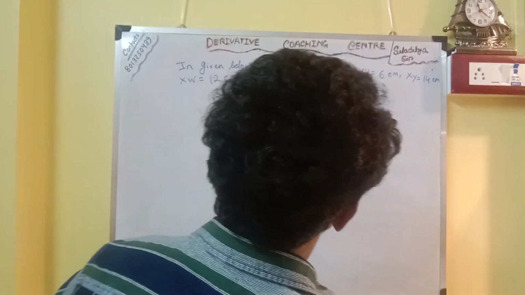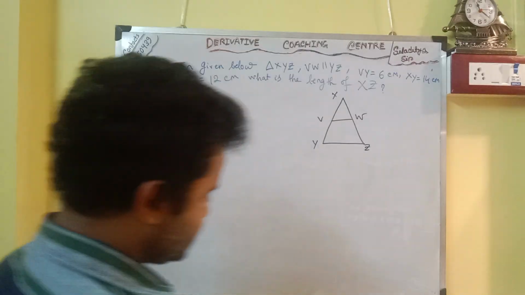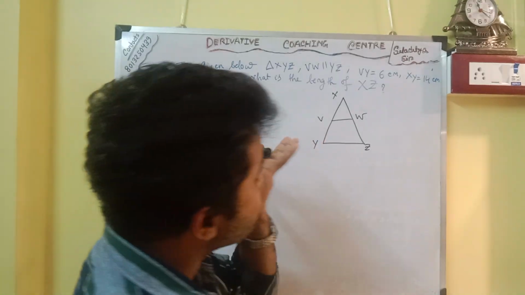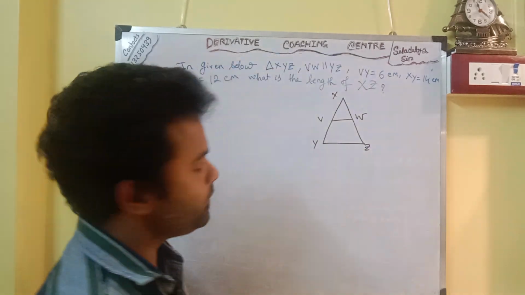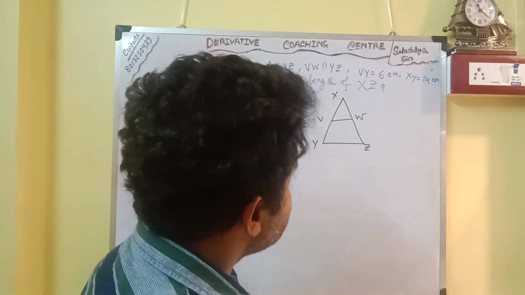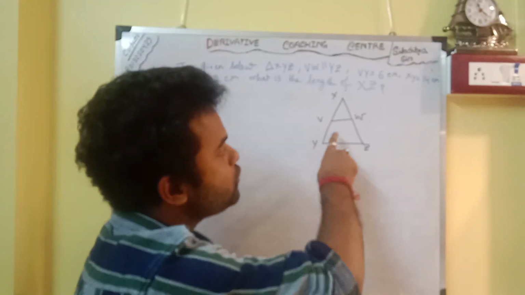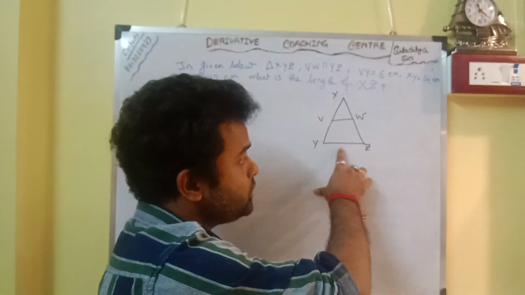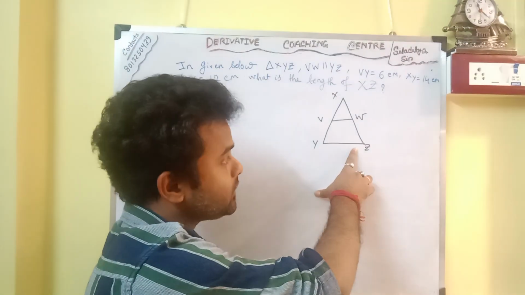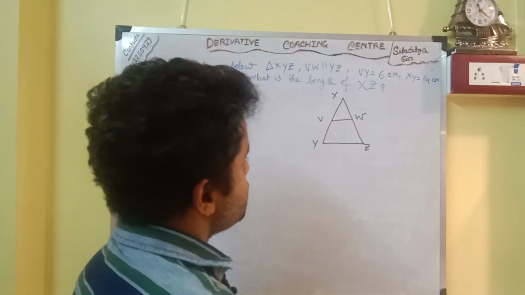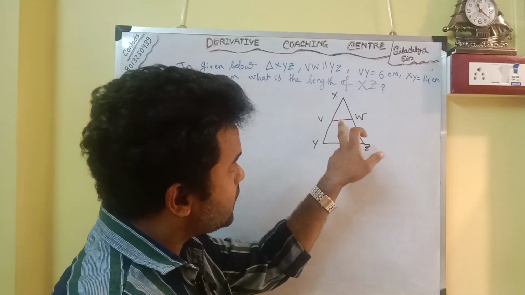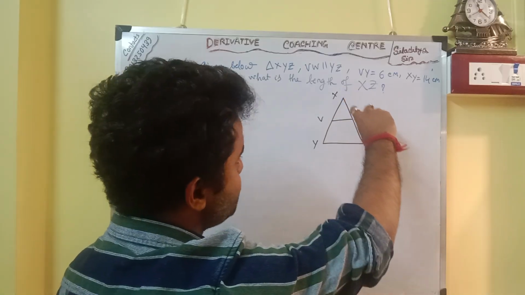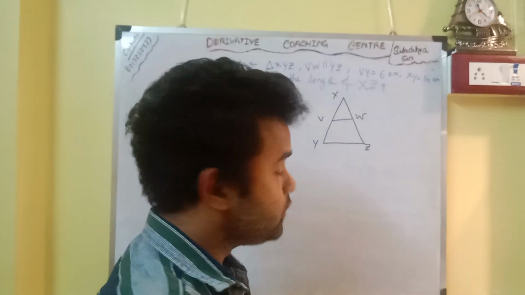Find the XZ. Okay, so you have to know the basic theorem for this type of question. What is the theorem? In any triangle, if we draw any line segment which is parallel to any side, then XV by VY is equal to XW by WZ.